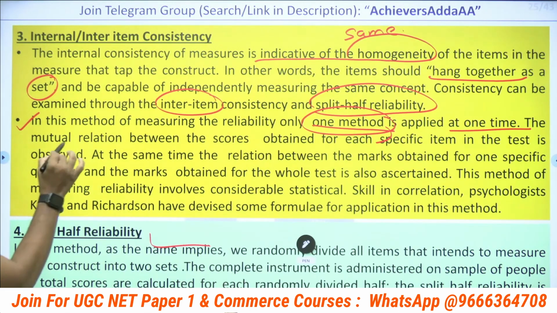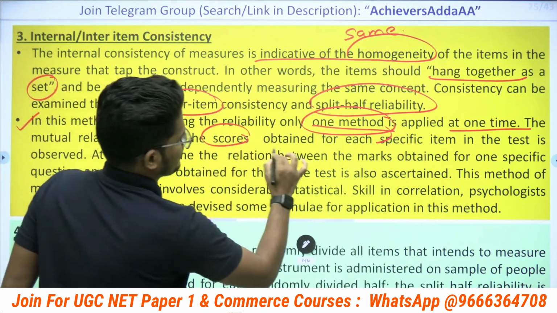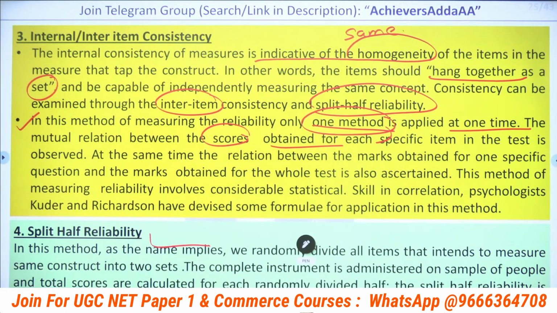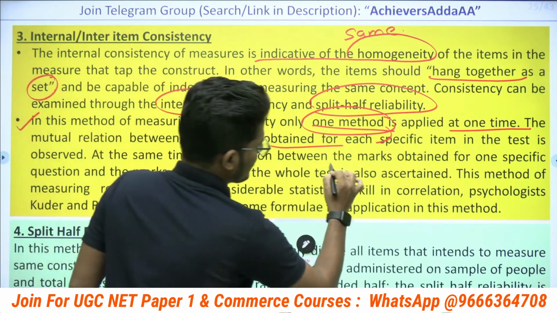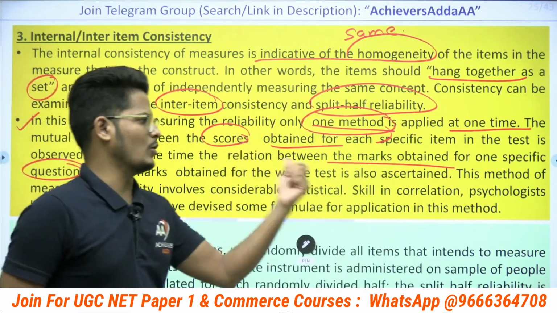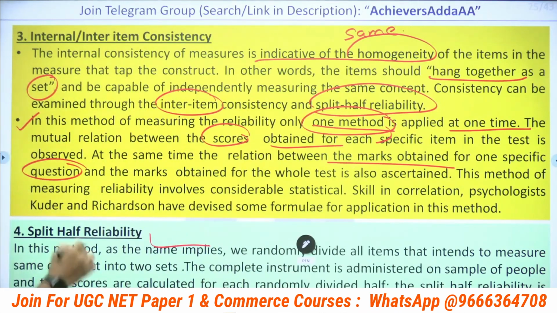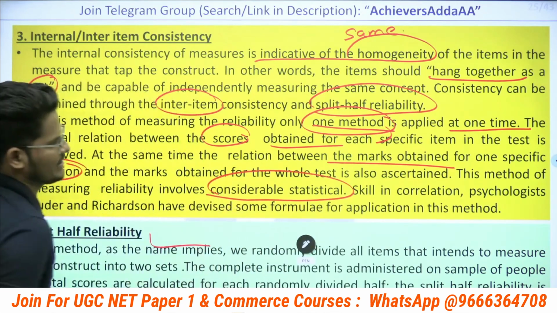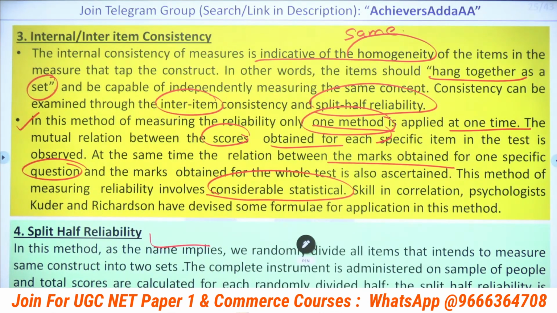So it will be the mutual relationship between the scores that you obtained for each specific item in the test that you performed or observed. The relation between the marks obtained for a specific question and the marks obtained for the whole test will also be ascertained. The method of measuring reliability is considerably statistical in nature, that is, skill in correlation.